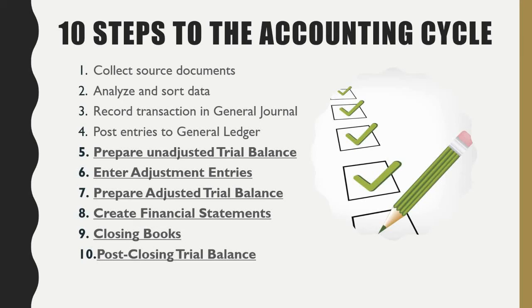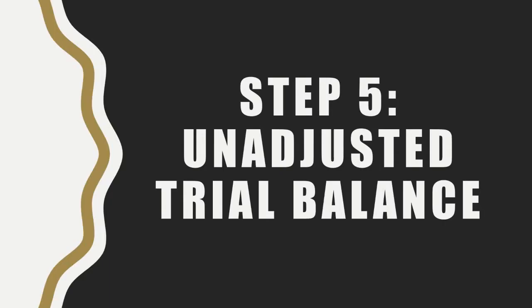If you remember, adjustments are anything that you have to do to wrap up your entire books. We'll go through the last 10 steps once more together. And then we're going to complete the financial statements, close out our books, and then do a post-closing trial balance.